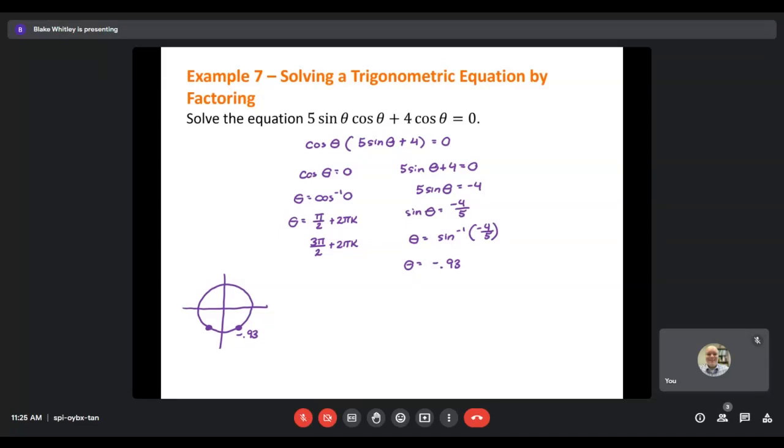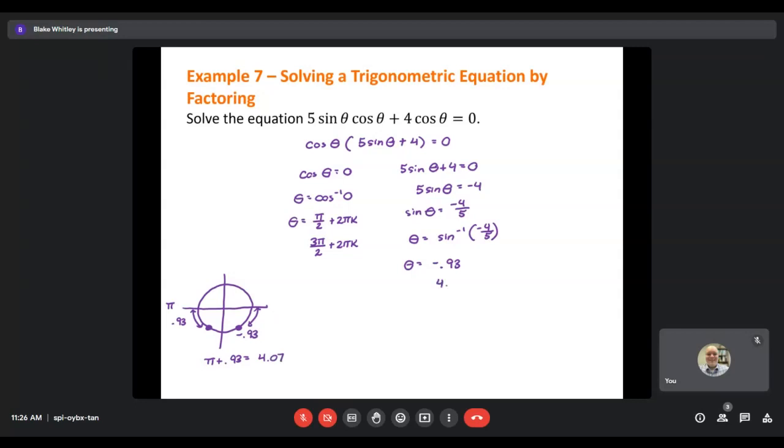Now, the easiest way to do this, I know this distance should be the same as this distance from the x-axis. I know that this value here is pi. That distance is 0.93. And so if I just do pi plus 0.93, that should give us the other value in the 3rd quadrant now. And if we do that, we should get 4.07.